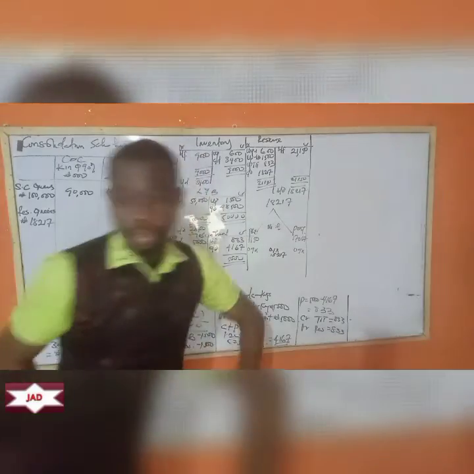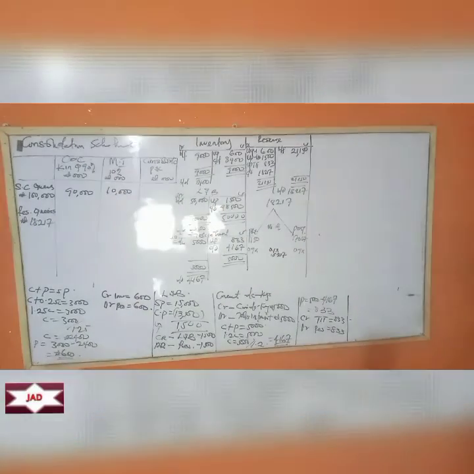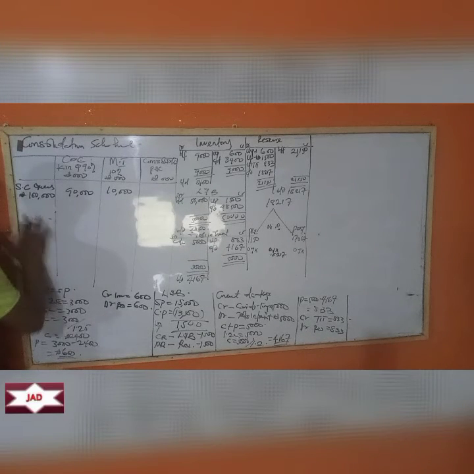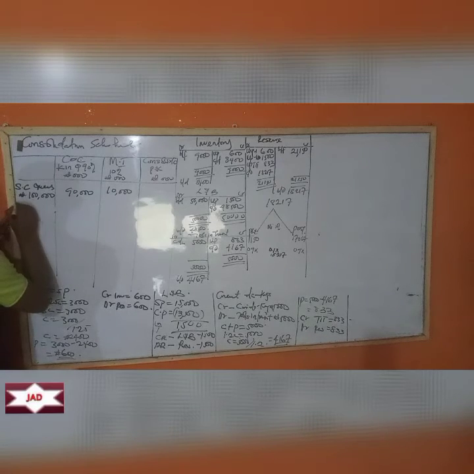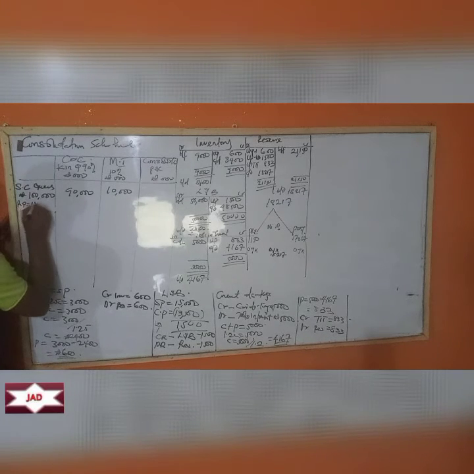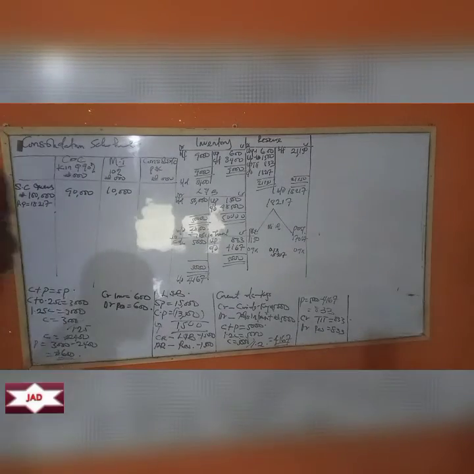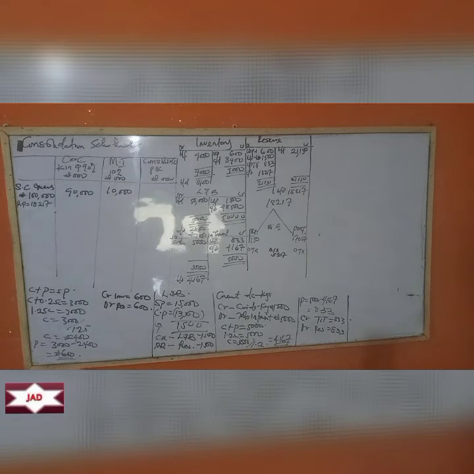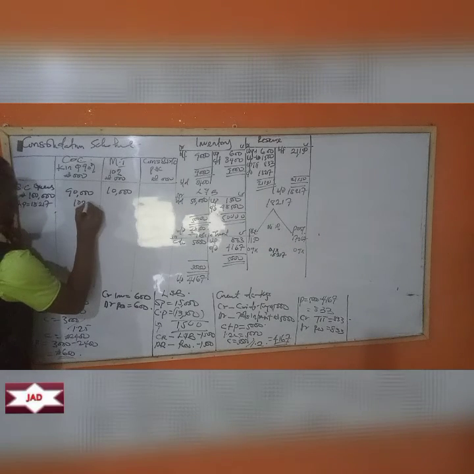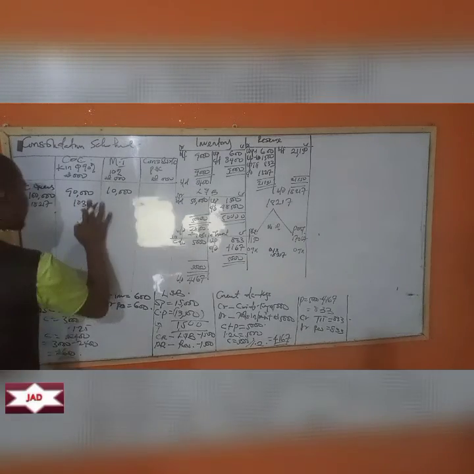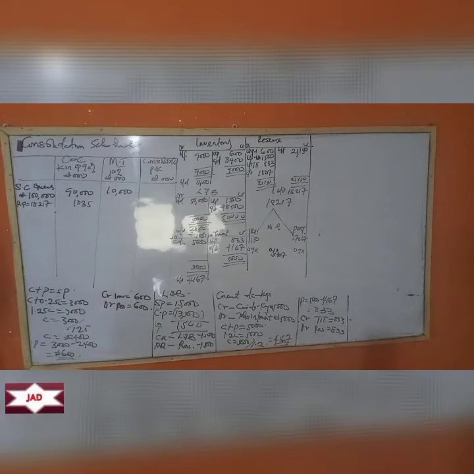So let's go. Let's take this up a bit. We have reserve for coins, 18,217. So 0.9 times 1,150 gives 1,035.